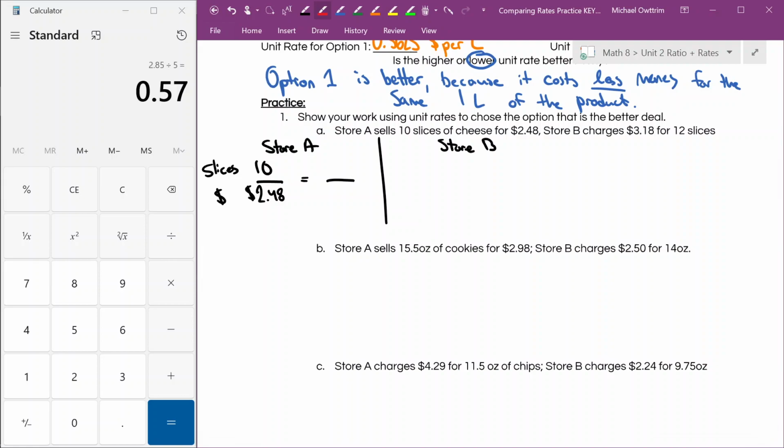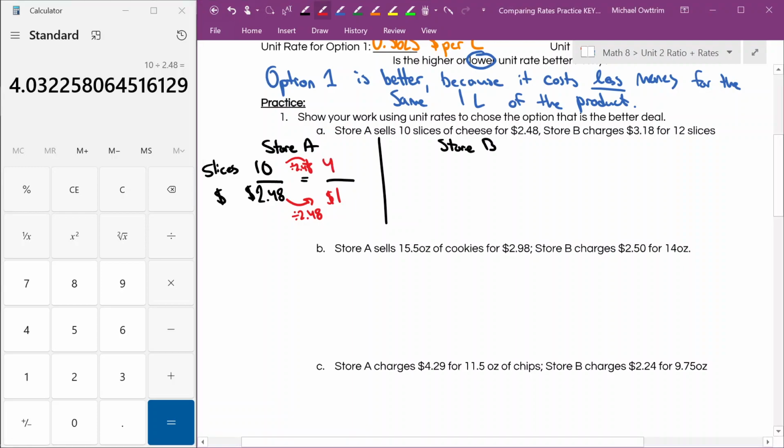And of course, as always, we divide by the number on the bottom to get our unit rate. And so we'll do our 10 divided by 2.48, and we'll get our 4.03 slices. And so we could say that this is 4.03 slices per dollar.